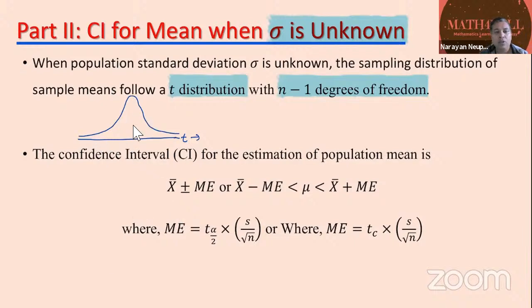Along the x-axis, you'll have the t values. Here, we don't talk about the mean and the standard deviation. Instead, we talk about the degrees of freedom. It is just a fancy name given to the sample size minus 1. So degrees of freedom is always equal to n minus 1.